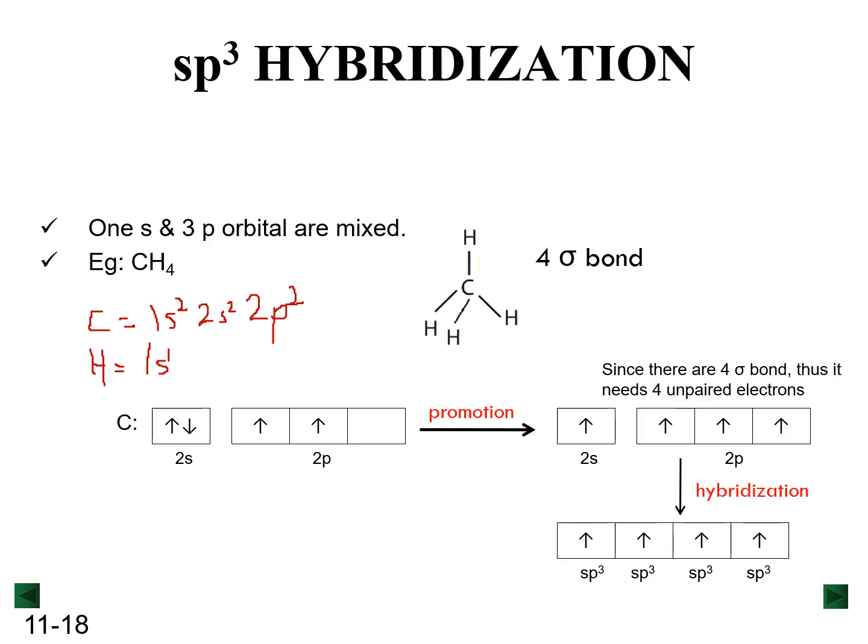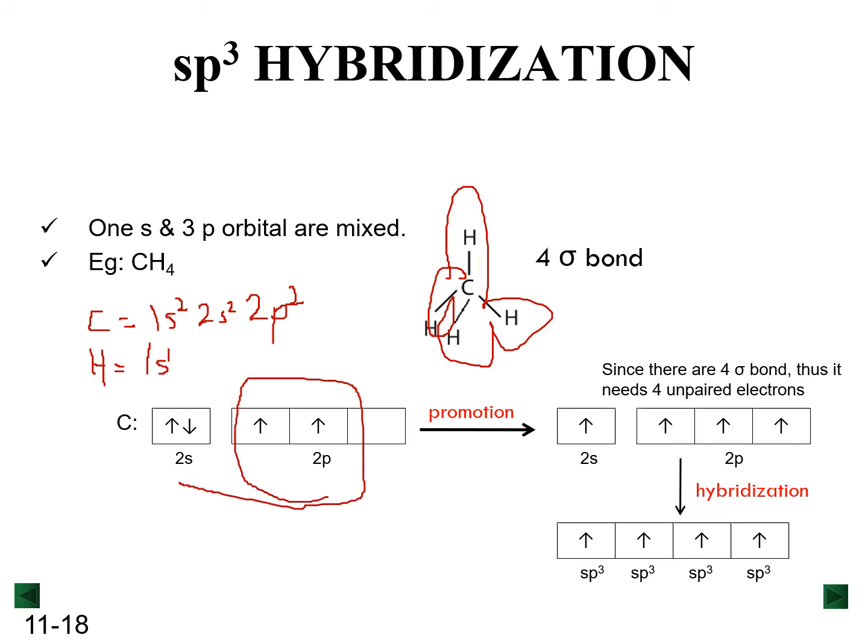Okay, here is the example of sp3 hybridization in CH4 molecule. As we can see here, carbon can form 4 sigma bonds with hydrogen, meaning that carbon can contribute 4 electrons to form 4 covalent bonds with hydrogen. But from the valence orbital here, it only has 2 unpaired electrons, so it cannot form 4 bonds.